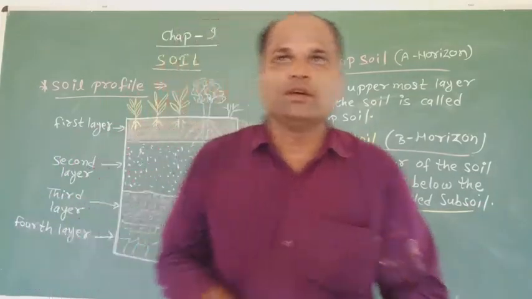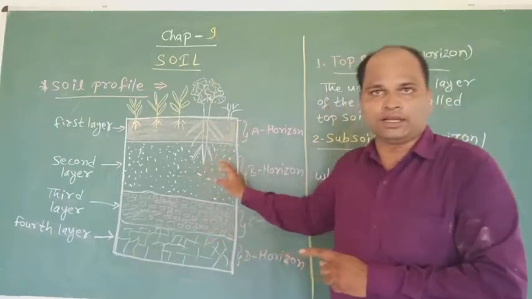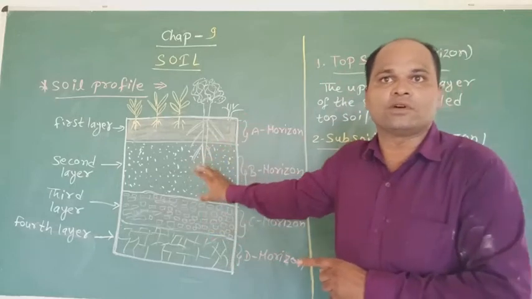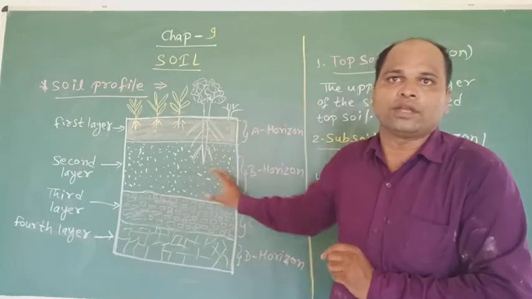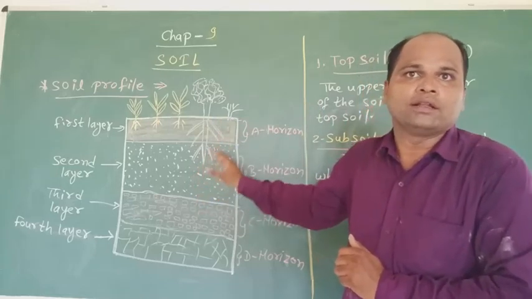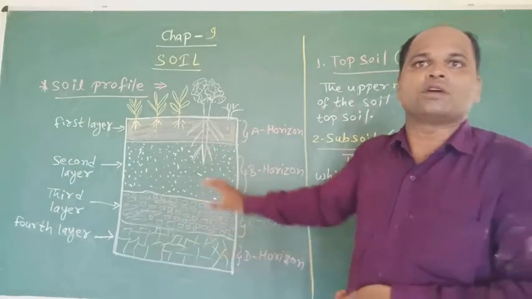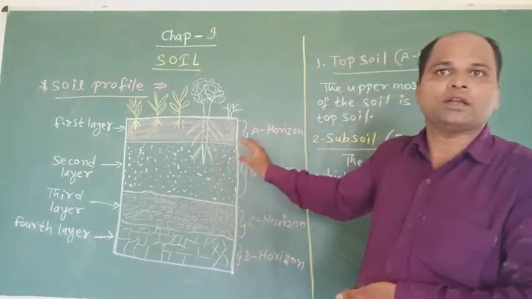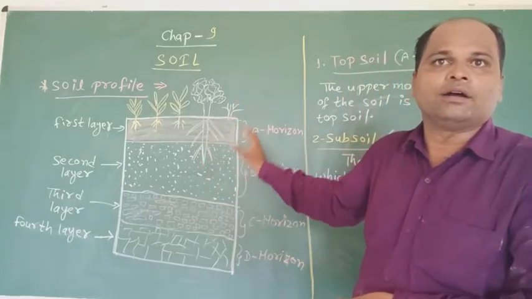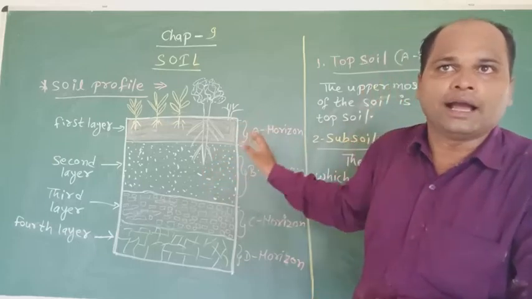First, the layer is lighter in color than topsoil, as it has very little humus or organic matter. This layer is harder and more compact than the topsoil. Roots of trees generally reach up to this level. This layer is rich in soluble minerals and iron oxides.